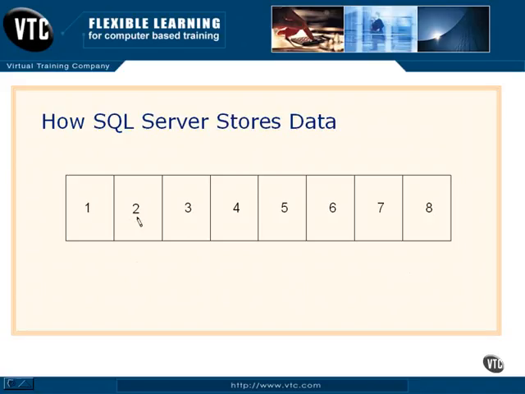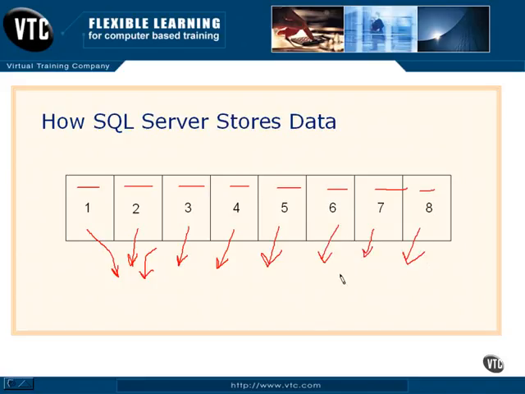You'll note that the extents are in a certain order, which means this is row 1, this is row 2, row 3, row 4, assuming these take up the entire page. You can see that to read this and report it back to the user would be very easy because they're going to come in order, right? No problem. Well, when these things start to get out of order, that's defragmentation, and I'll talk in some upcoming videos about how to deal with that. So that's the first step. If you can get this image, you can start to see how SQL is storing the data and some little things that you can do to make it more efficient.